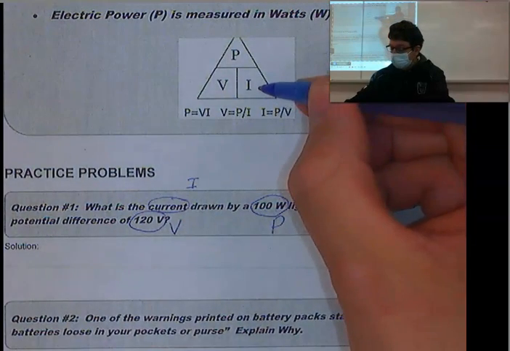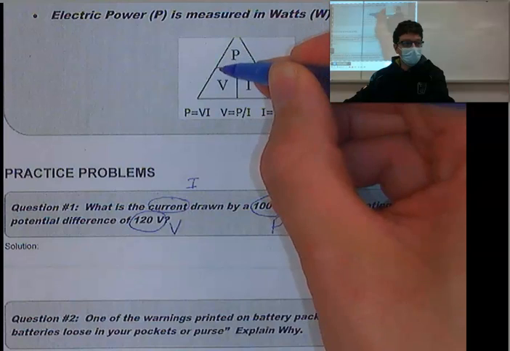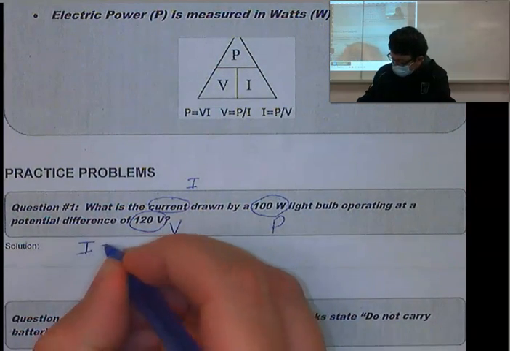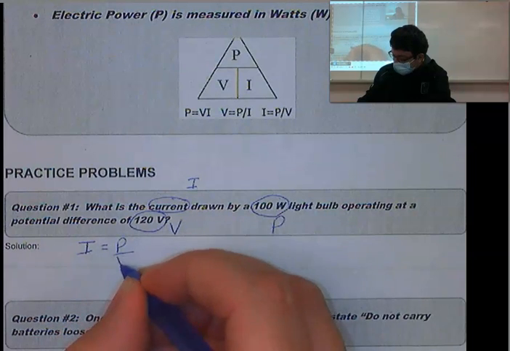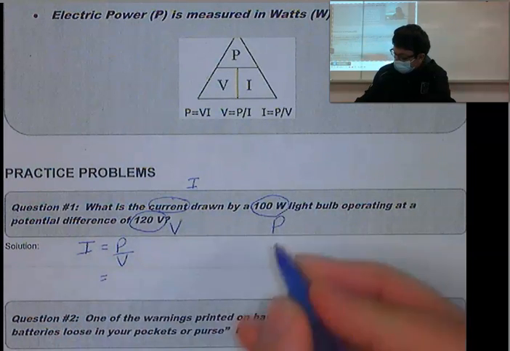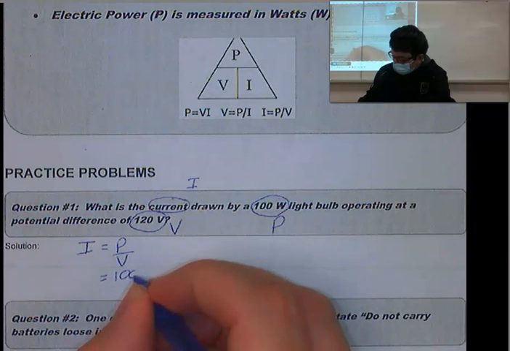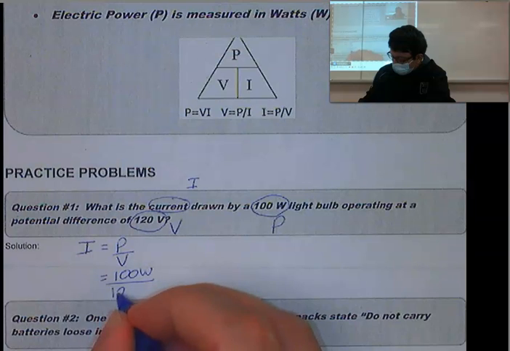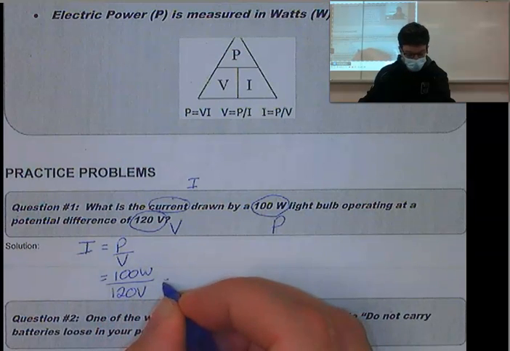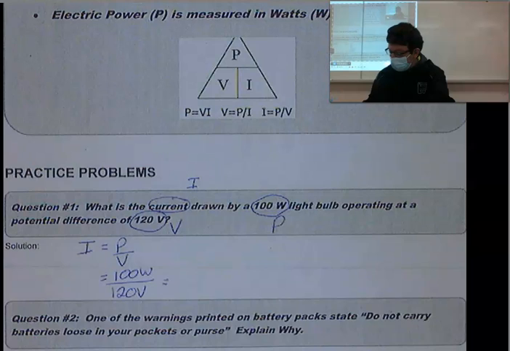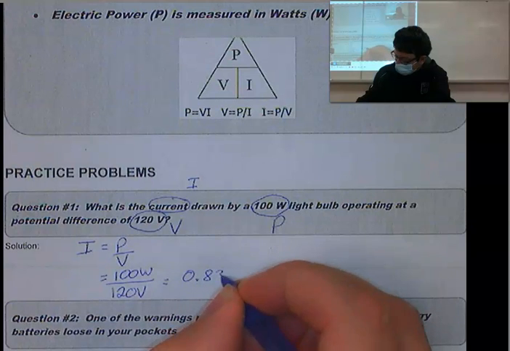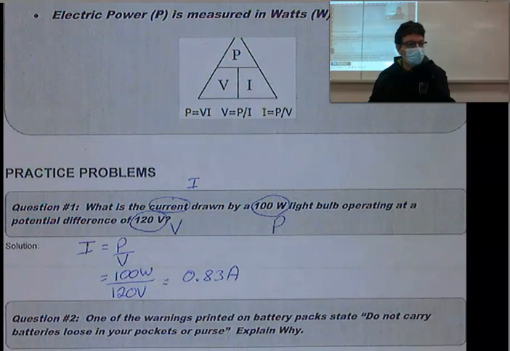So in our equation, I equals P divided by V, which is 100 watts over 120 volts. Okay, when you do that, you get 0.83 amps if you want to just round off to a decimal.